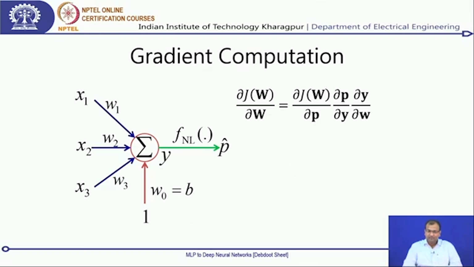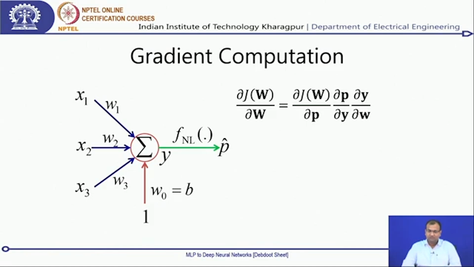If I look at the first 2 partial derivatives on the right hand side, del W of J(W) can now be represented as a product of del p of J(W) and del y of p. Together these first two parts give me del y of J(W).